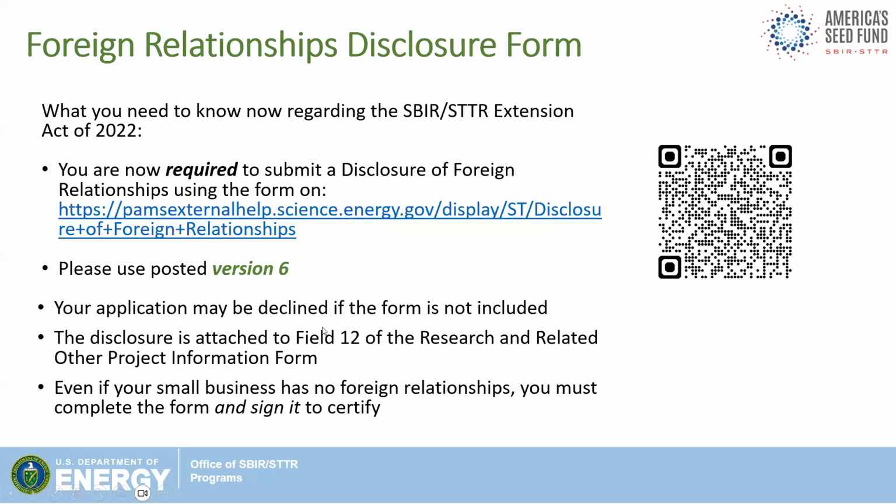It's required, so make sure you include it. You don't want your application to be declined because of this. Here is the information about where you attach it. Even if you have no foreign relationships, it'll be very easy to fill out the form. You're just going to be saying no to everything, but you must complete the form and sign it in all cases.